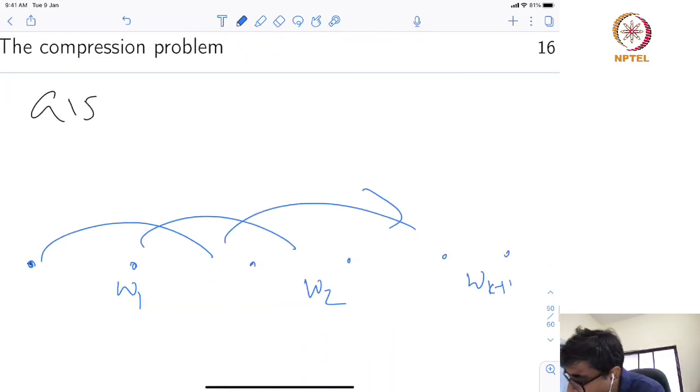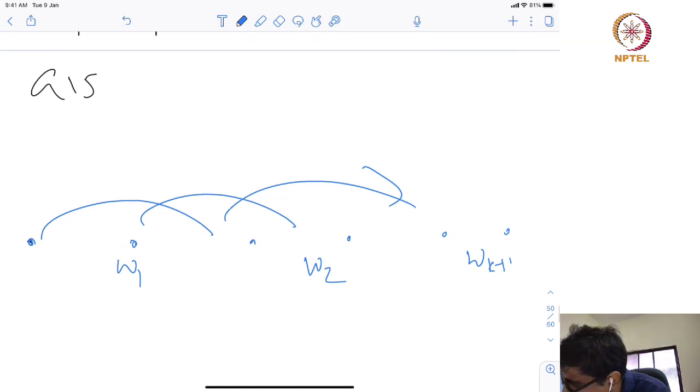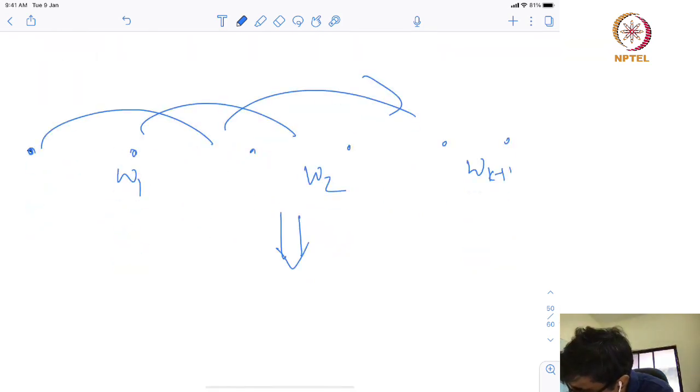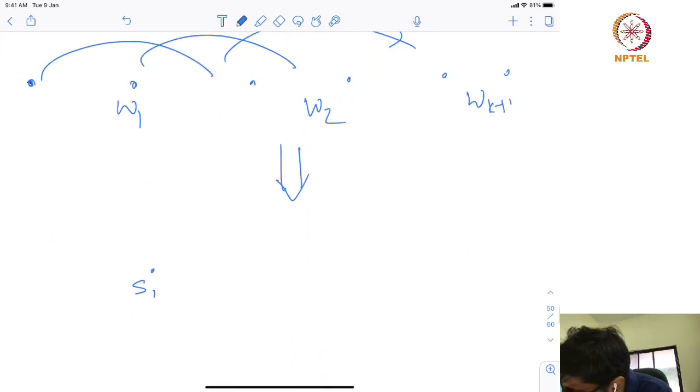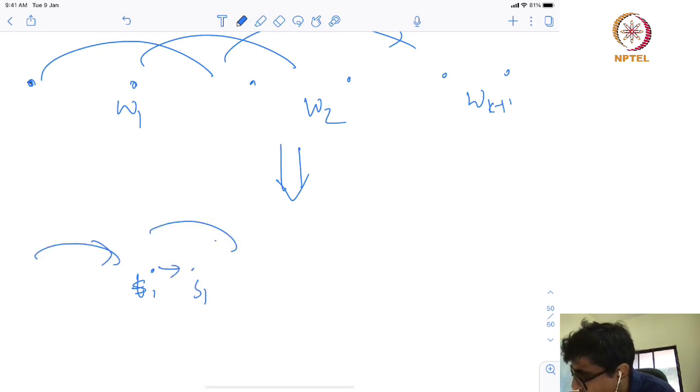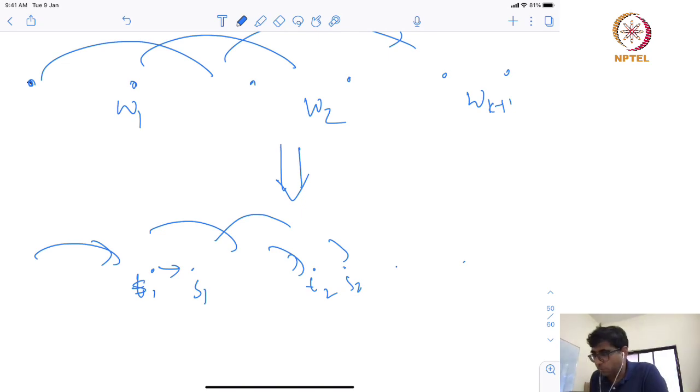Think of it this way: I can replace Wi with Ti, Si, and you will notice that this DAG property still holds. T2, S2, and so on and so forth. So you replace Wi by Ti, Si and make every in-neighbor come to Ti.